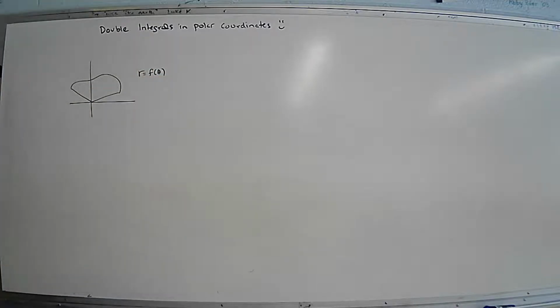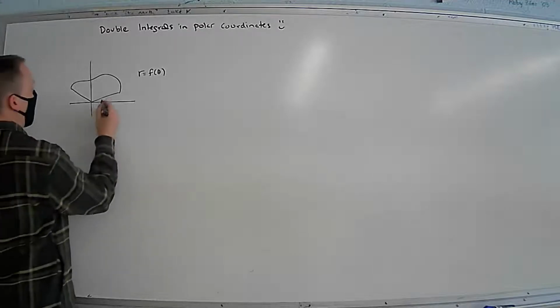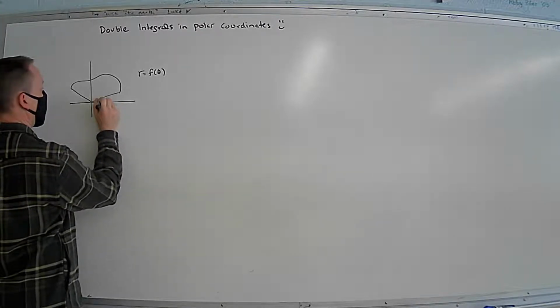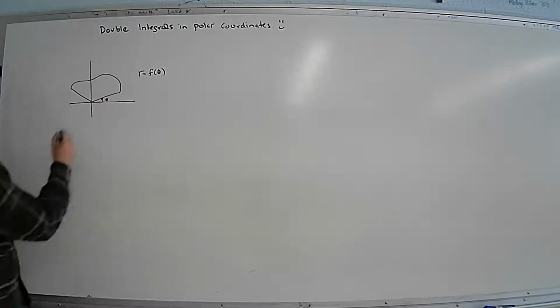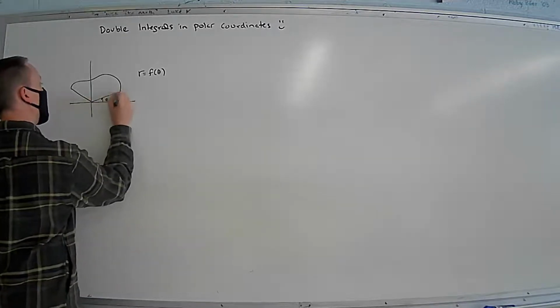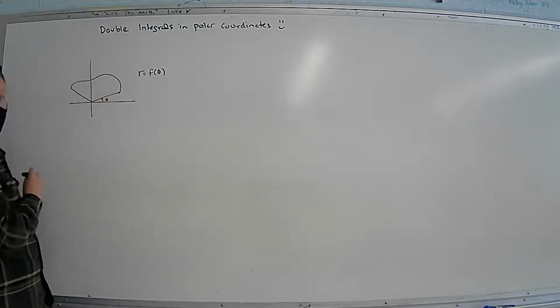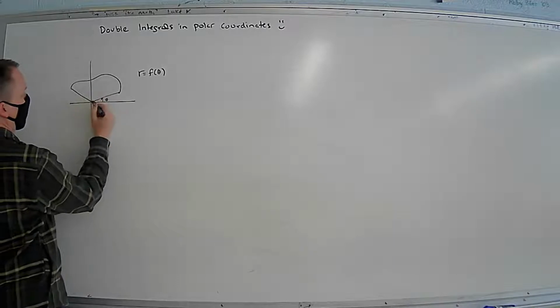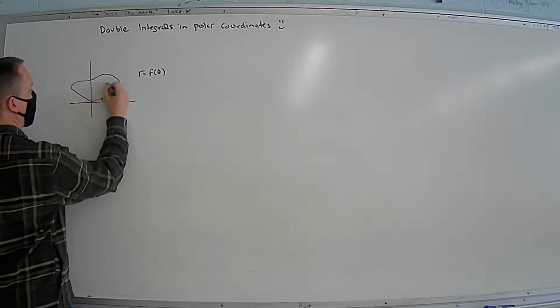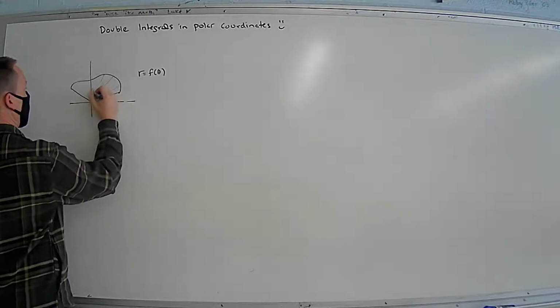So curves in polar coordinates are when you have r equals f of theta, and theta is the angle in standard position, and r is the distance from the pole or the origin, right? So as you see, as we increase theta, this r is changing. Do you guys see that?